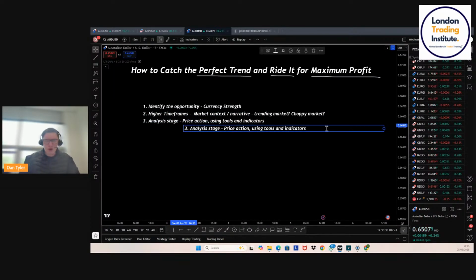I use something called Trade Detector, which I'll show you in a moment. I use LTI tools. So these are automatic support and resistance. So just to make you aware, it's basically support and resistance, really important. It's trend lines.